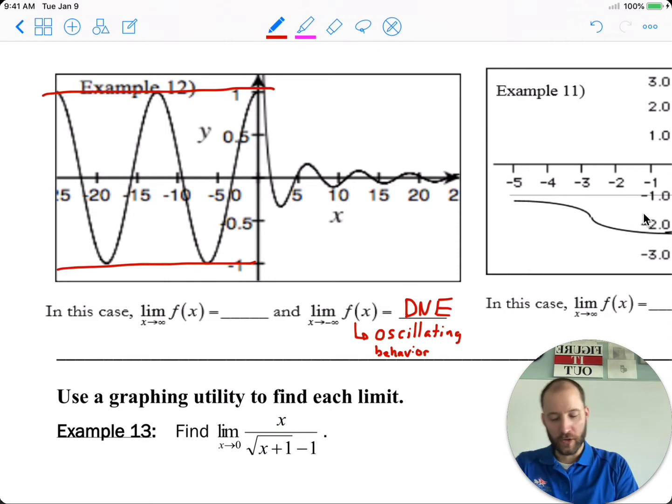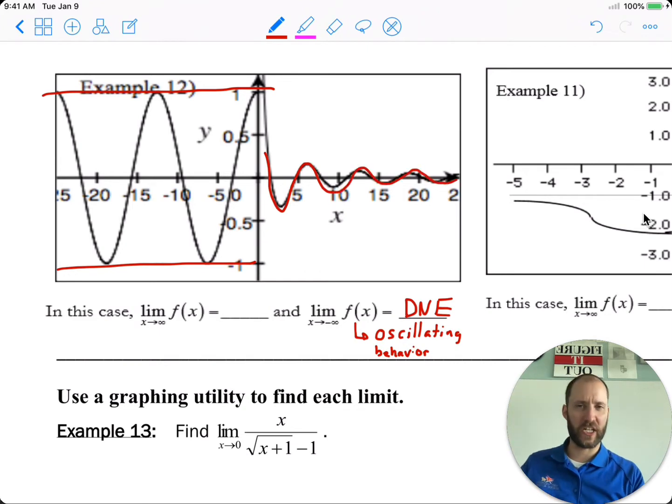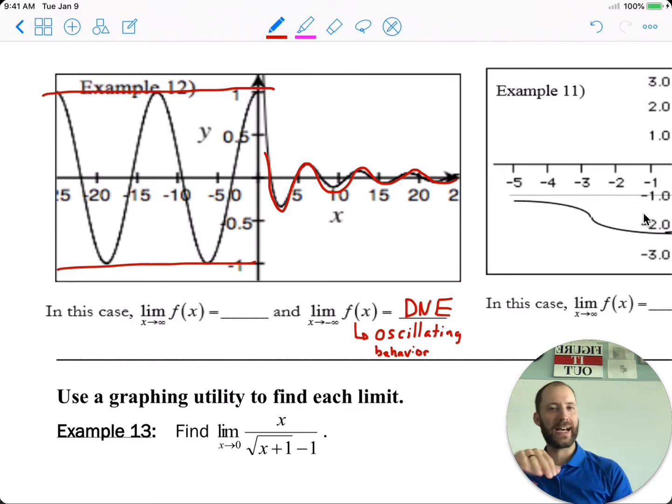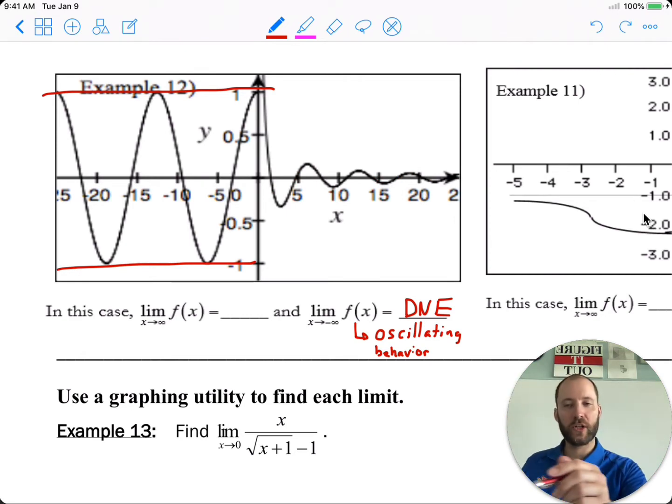As we go to the right, we see the curve is going down, up, down, up, down, up. But we see the curve is diminishing as it goes to the right. It's going up less, going down less. So if we look at those lines, as you go to the left, the top and bottom lines stay apart.